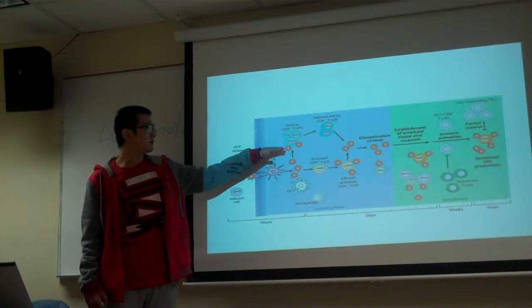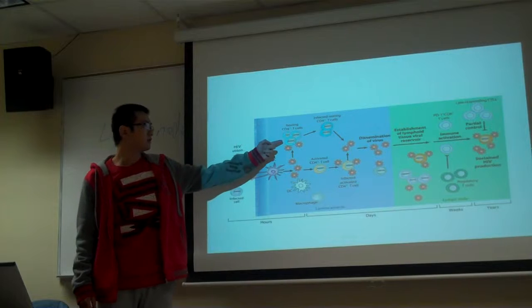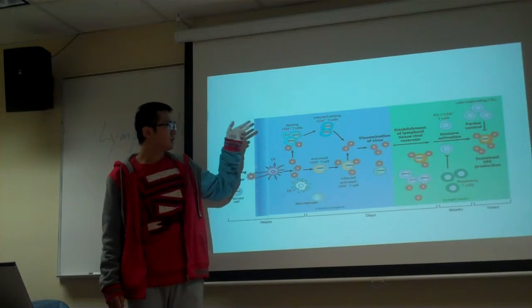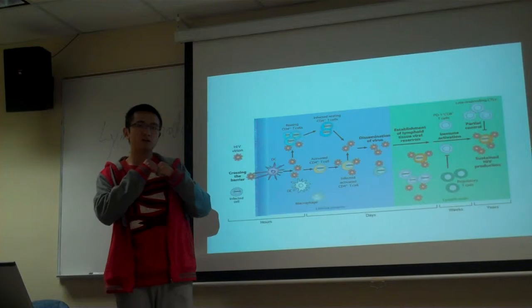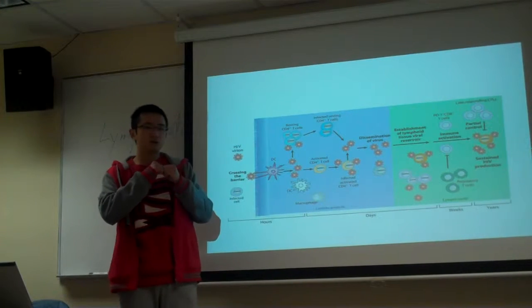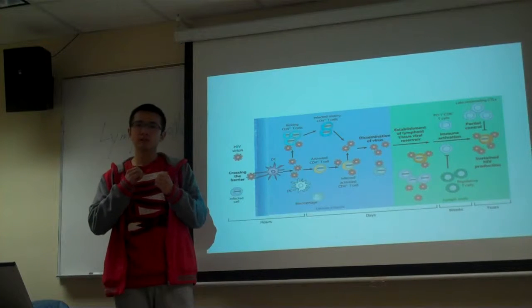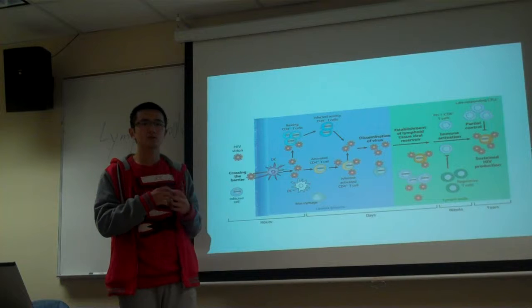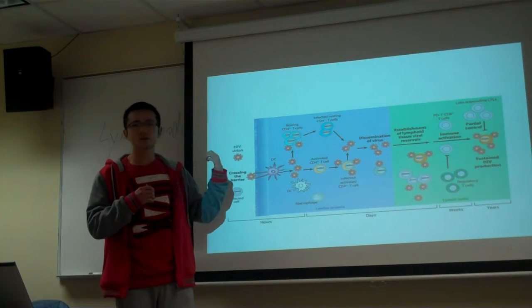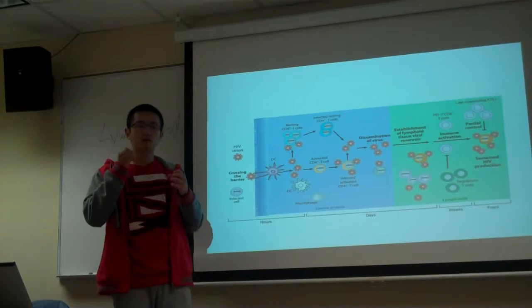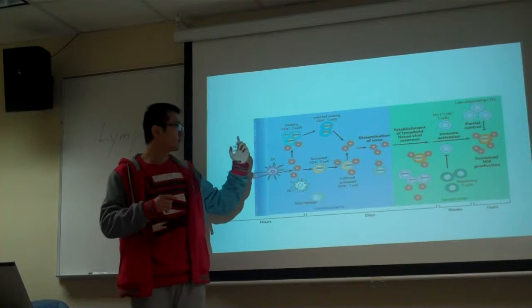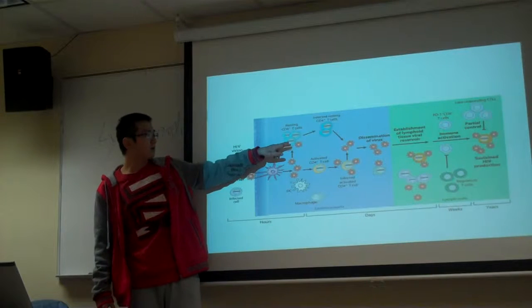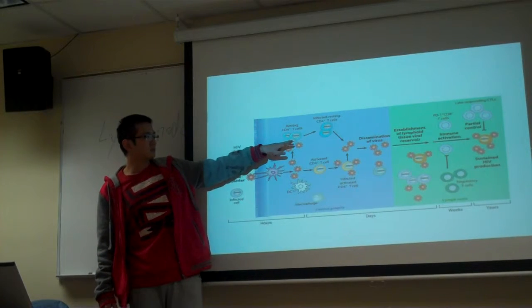So that's why HIV will infect these cells. After they connect with the T cells, they will inject their gene into the T cells. Their gene means RNA or DNA, but for the HIV virus, it's RNA. Here is the T cell's gene.